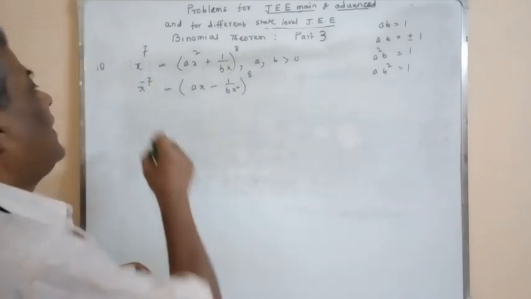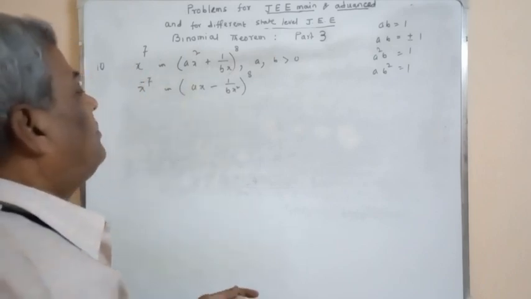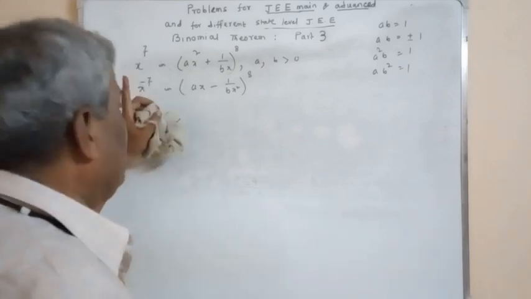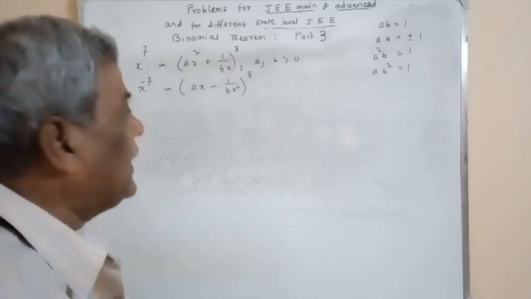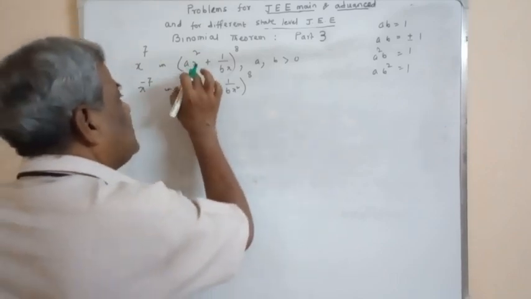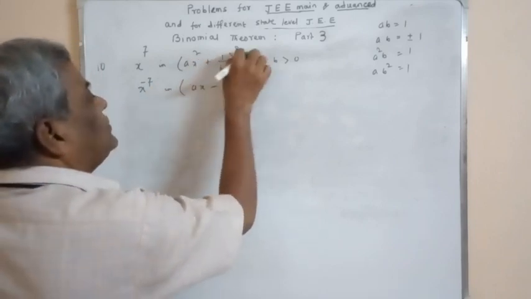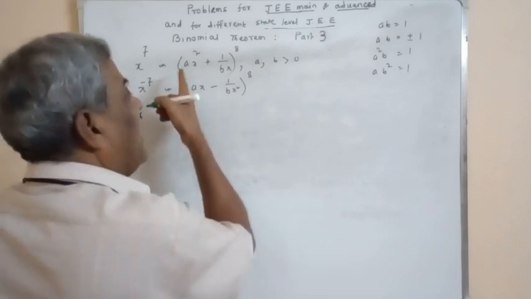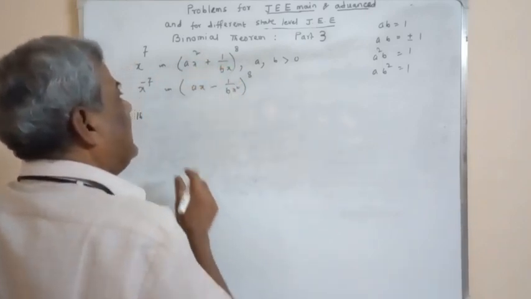Now, to find in which term x to the power 7 exists, we can obtain it in a very shortcut way. In the first term, x to the power 16 is there. After that, the power will decrease by 3.